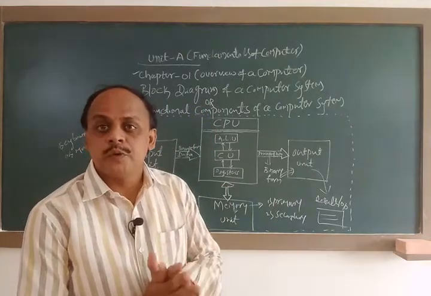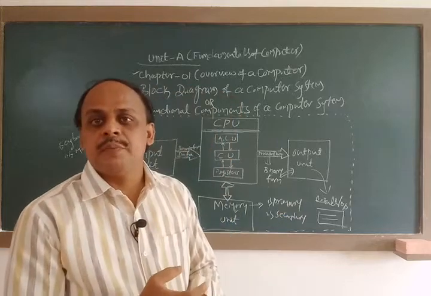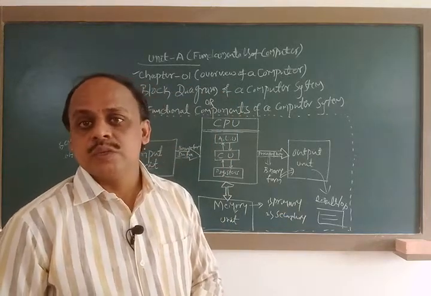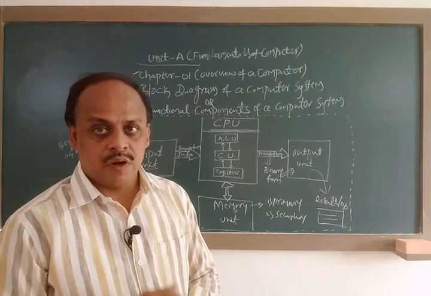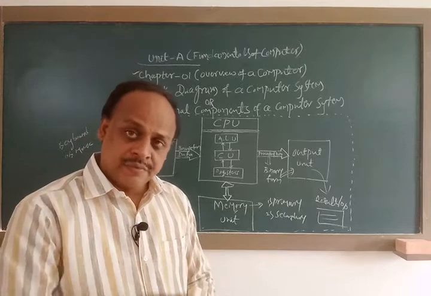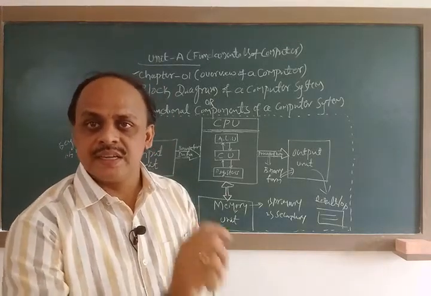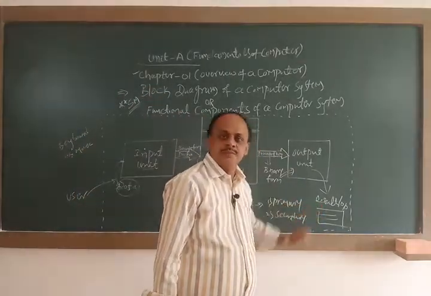What happens in the output unit? The output unit is going to accept processed binary form data and convert it into user understandable form.